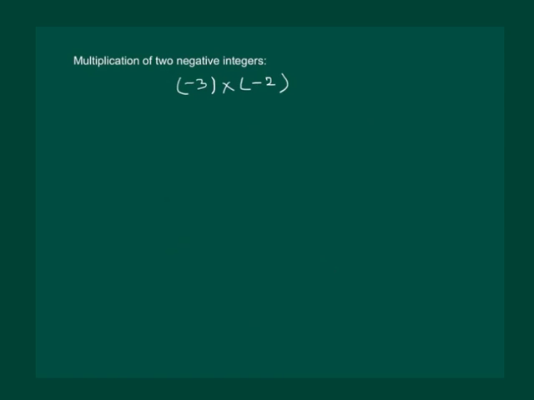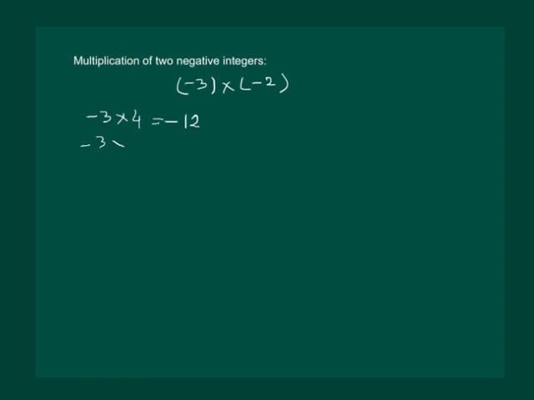We shall observe some pattern and reach the product we require. We know that minus 3 into 4 is equal to 12 and a minus sign. So minus 12.